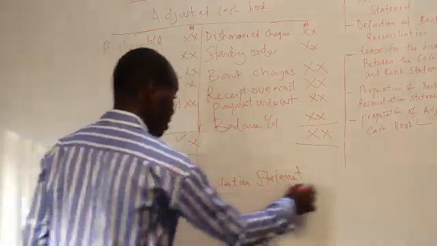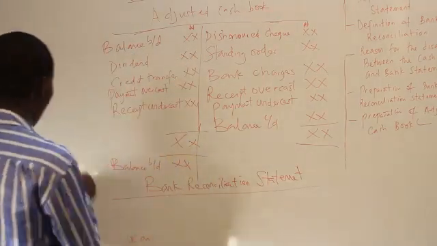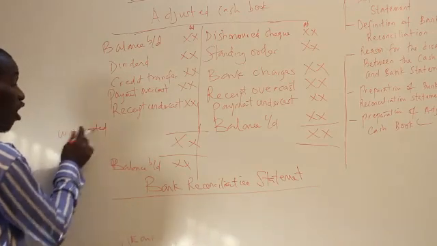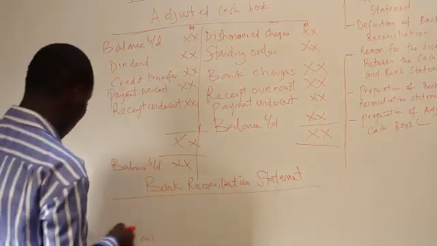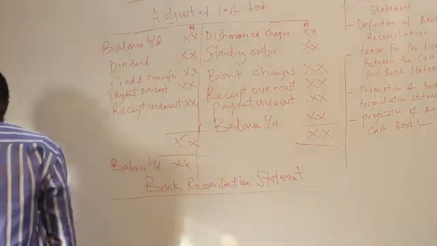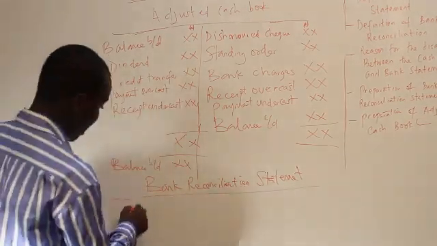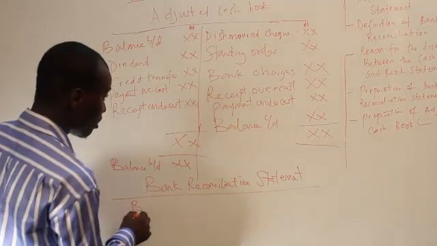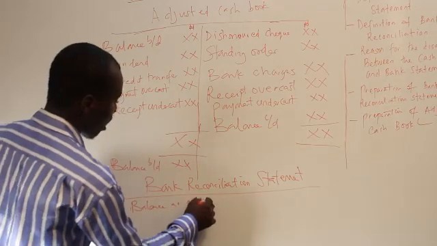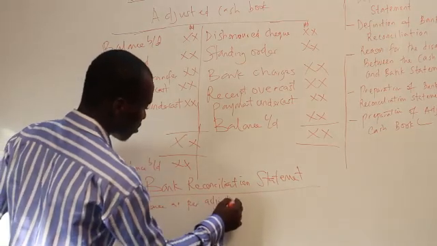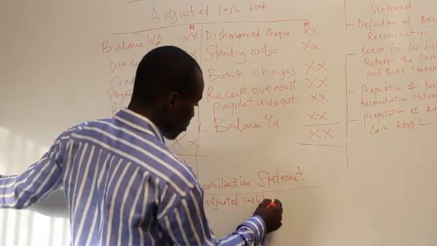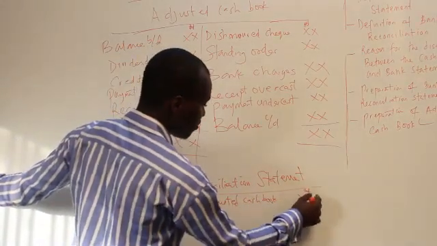Bank reconciliation statement. Do not forget we have the unpresented cheque we have not used, but we also have the uncredited cheque. The first thing we are going to have is the balance as per adjusted cash book, which is this.